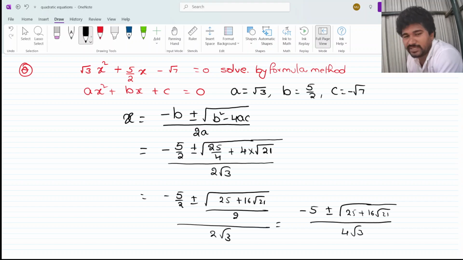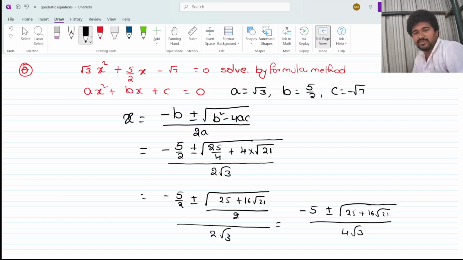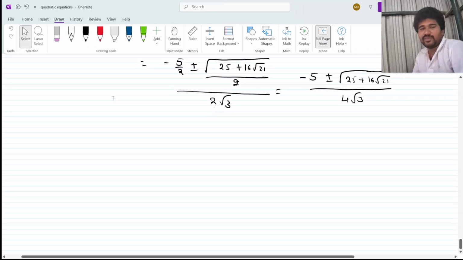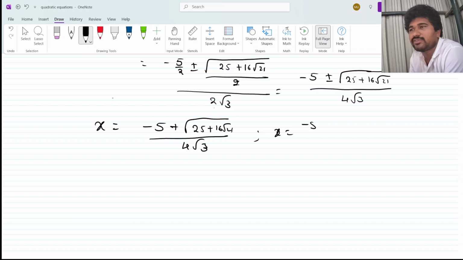In the denominator, it is the same. So I can take the LCM, 2 into 2 will become 4. Now observe, what will be the x value? x equals minus 5 plus root of 25 plus 16 root 21 by 4 root 3, and the other x is minus 5 minus root of 25 plus 16 root 21 by 4 root 3.